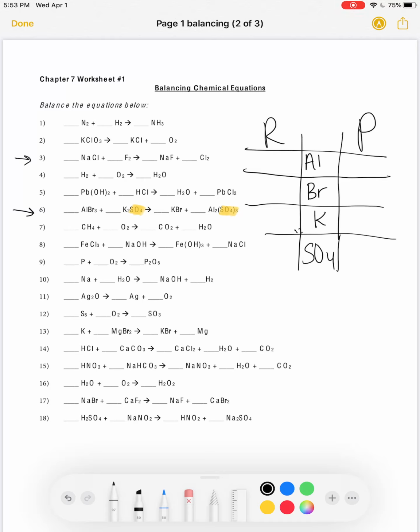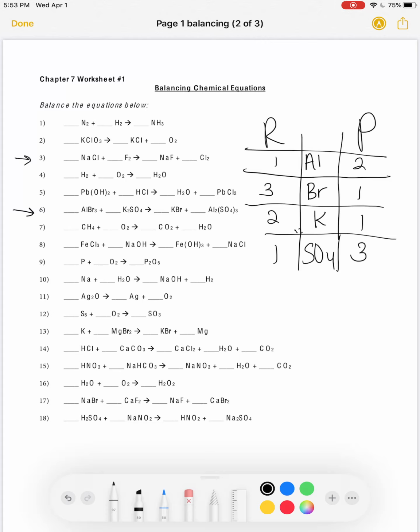So I've got 1 aluminum, 3 bromines, 2 potassiums, 1 sulfate. Okay, and on my product side, for aluminum, there's 2. Bromine, there's 1. Potassium, there's 1. Sulfate, there are 3.